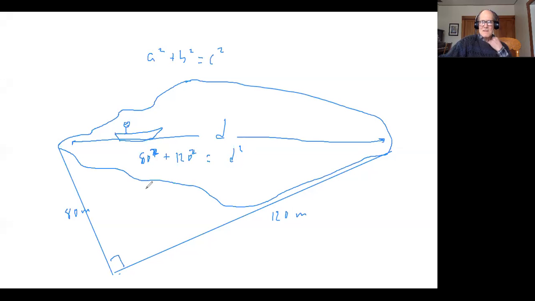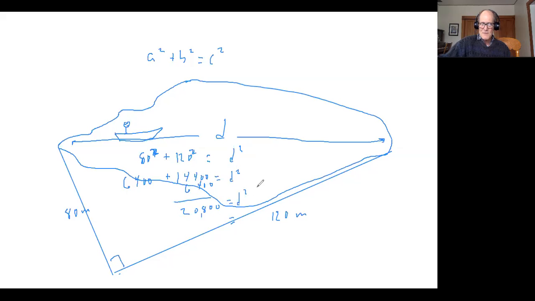Now 80 squared, let's see. 8 times 8 is 64, so it'd have 2 extra zeros, so 6,400. And 12 times 12 is 144 with 2 extra zeros. D squared, put that together, 6400 plus 14,400, we get 20,800 D squared.